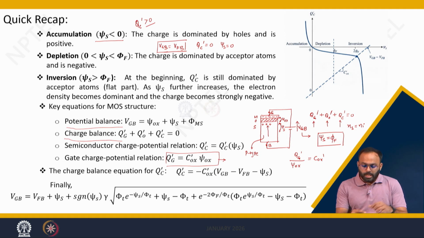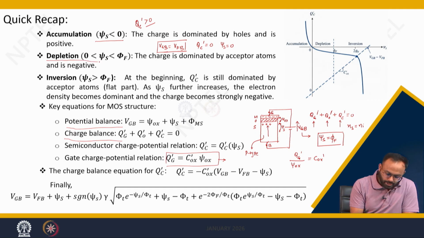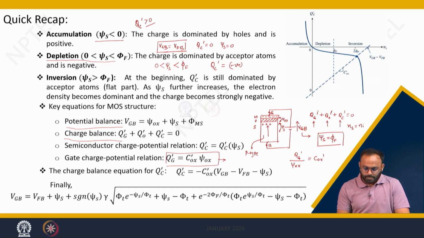The holes get repelled back towards the body, and uncovered immobile ions come into the picture. That region of operation is called depletion. In depletion, the surface potential is positive but less than phi f, whereas the channel charge is negative, given by uncovered immobile ions.